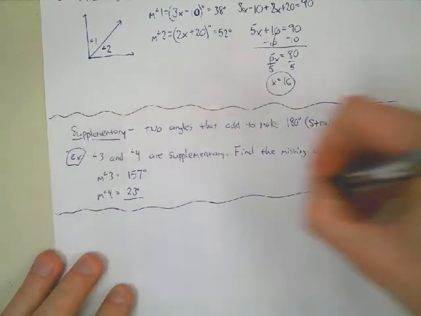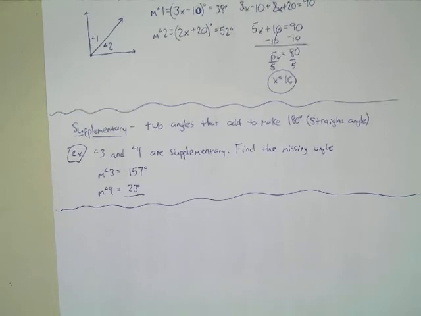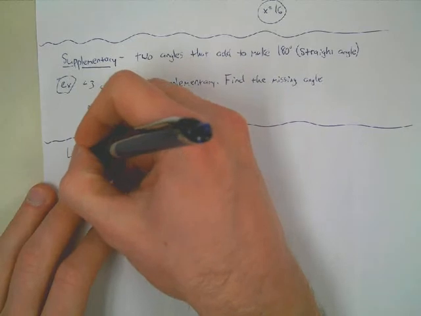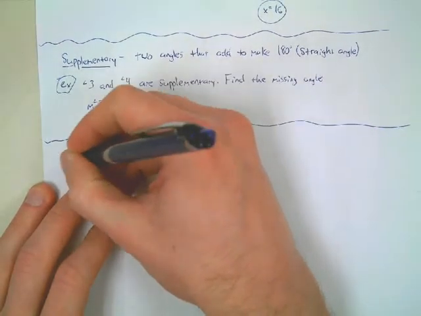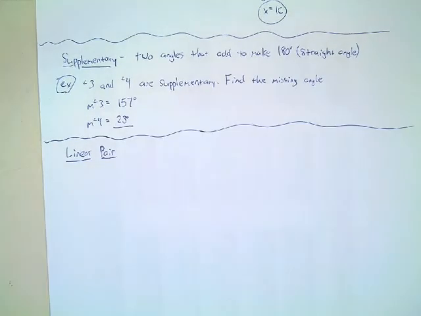All right, other angle relationships. So another angle relationship is called a linear pair. Okay, linear pair. Now this one's nice because I feel like the word itself kind of gives away what the relationship between the two angles will be.